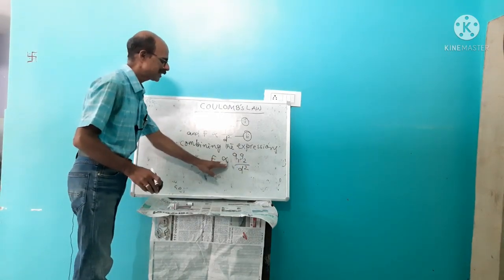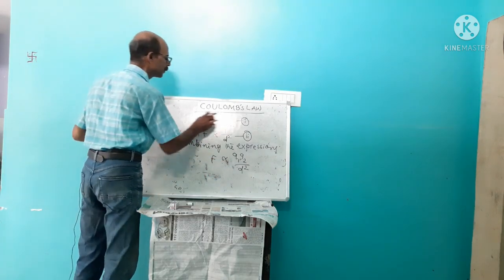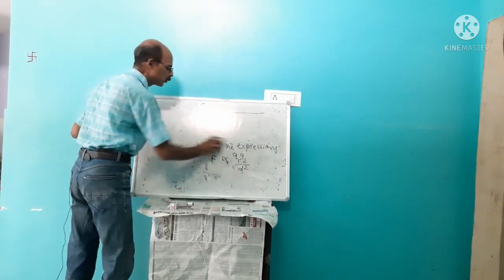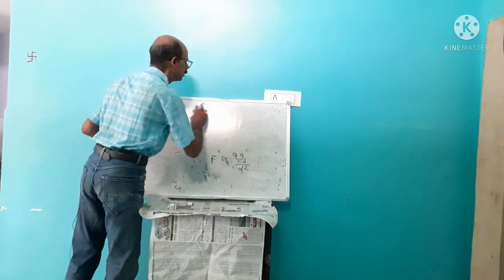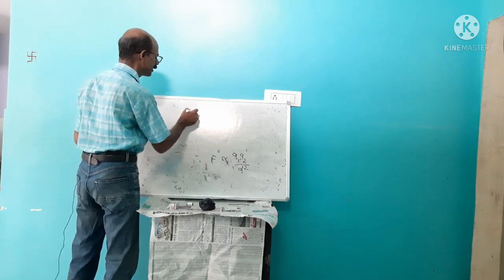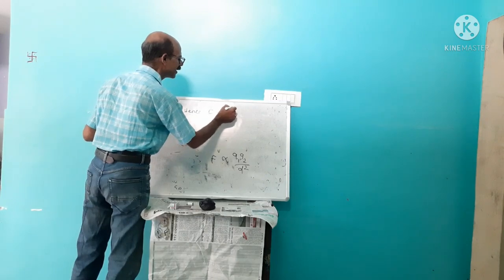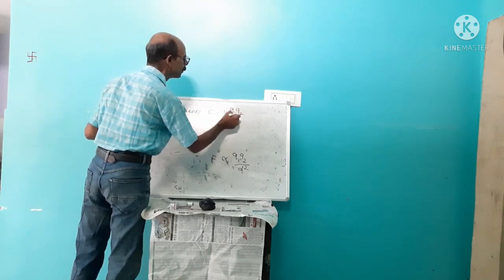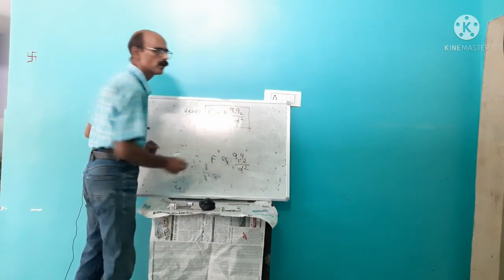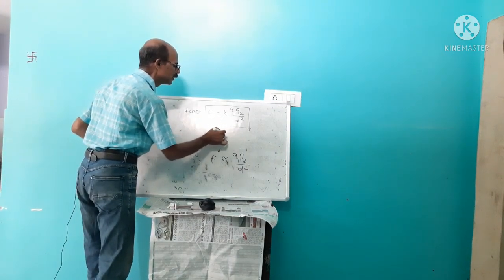Now, if we change this proportionality symbol into an equal to symbol, we have to multiply by a constant. Hence, we can write F equal to some constant k into q1 q2 by d squared. This is the mathematical form of Coulomb's law, where k is the proportionality constant.